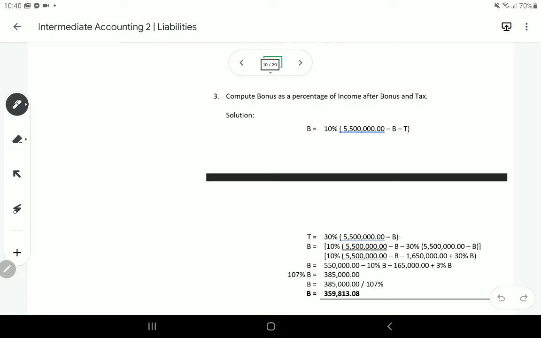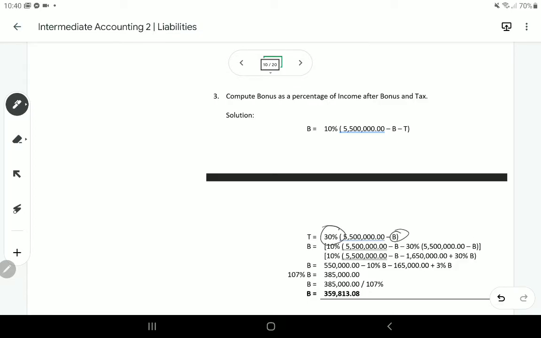Now, question is, bakit i-minus natin ang bonus in computing tax? Because class, bonus is an expense of the company. Diba? Expense na hindi pa lang klaro kung magkano, then hindi pa lang nabayaran. That is why it becomes a liability. Pero expense yan siya. Diba? So, dapat yan siya i-minus sa net income in getting your tax.